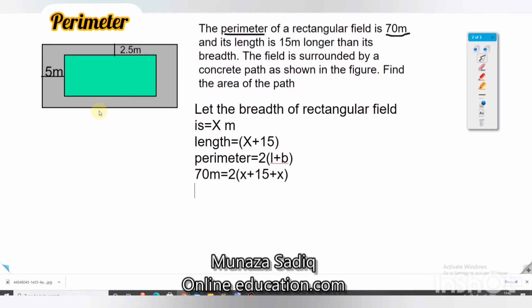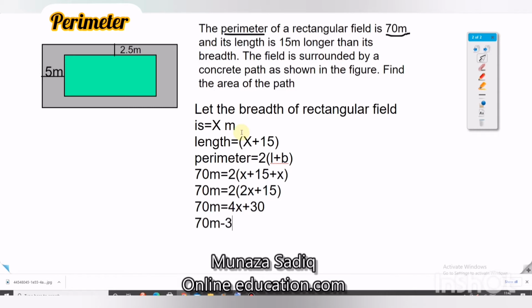The simple equation is in front of us. 70 meter is equal to 2 inside the bracket, 2x plus 15, meter is equal to 4x plus 30.